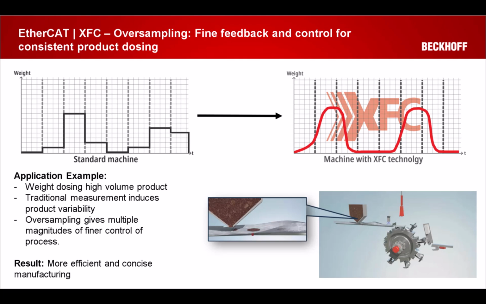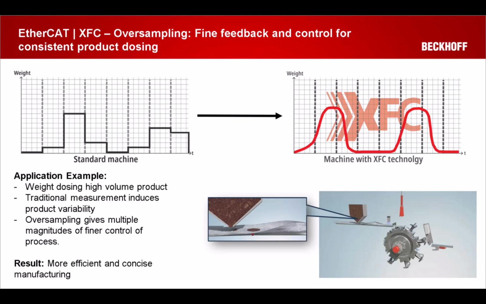Another technology complementing XFC is oversampling. And so each of the measurement terminals is taking the full breadth of sampling, and at the terminal level we can specify the equidistant number of measurements within that time frame we want to extract.